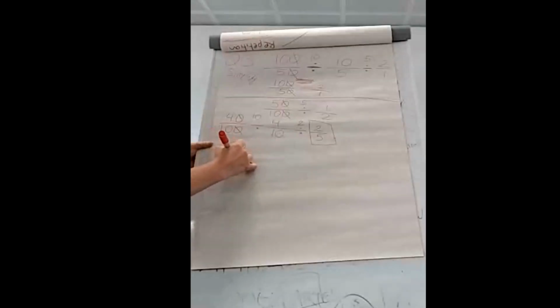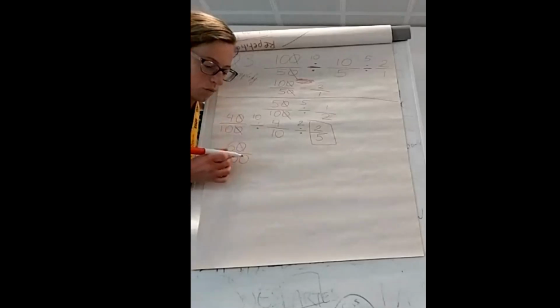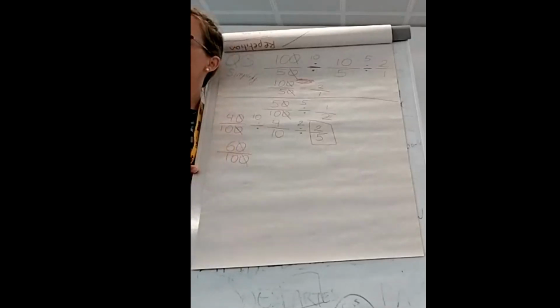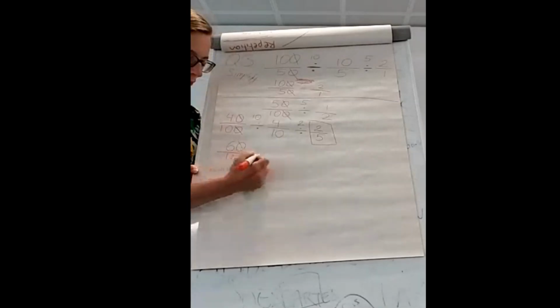Let's have 60 over 100. Babu, what do we do first? If you are following, you have to cross 2 zeros up and down. Yes, both of them. How much is 10 to 6?